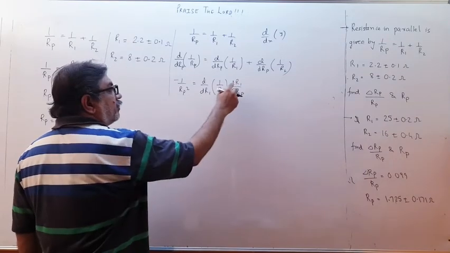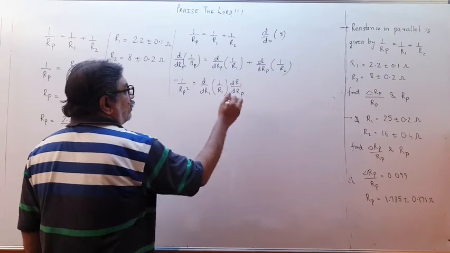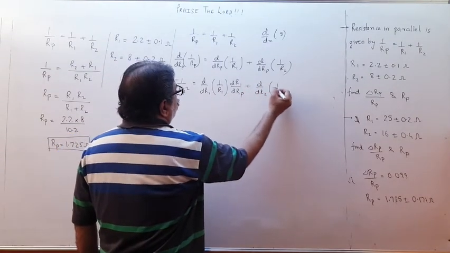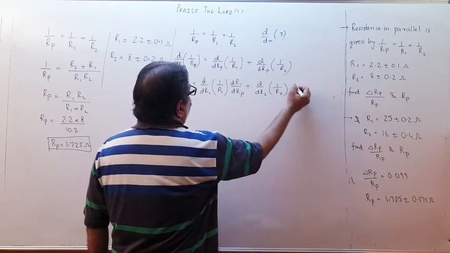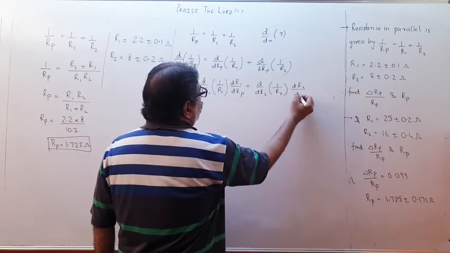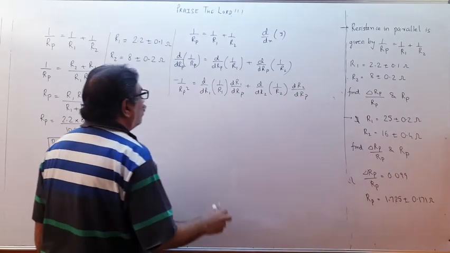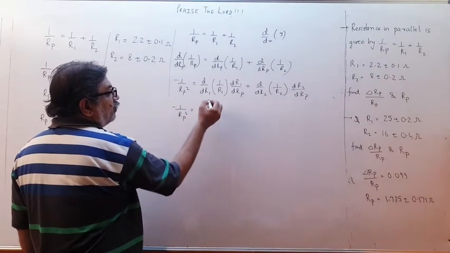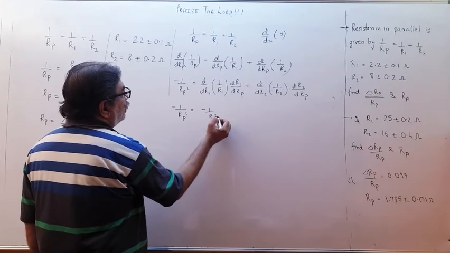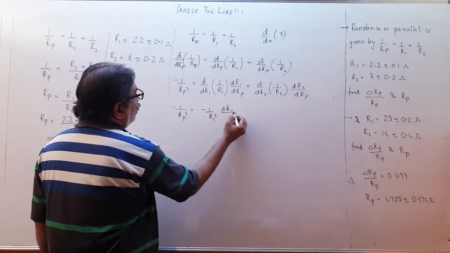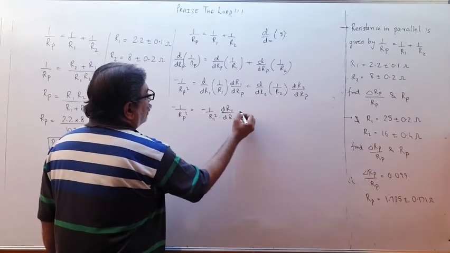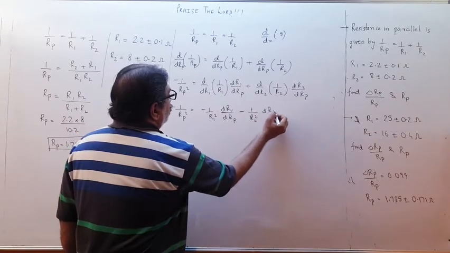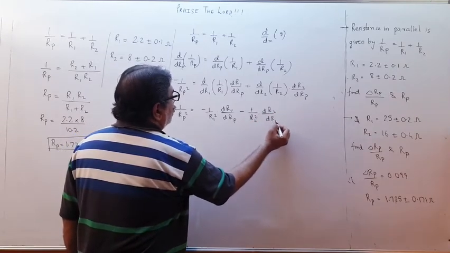See, dr1 multiplying dividing, drp shifted forward, plus d by dr2 1 upon r2 dr2 upon drp. So minus 1 upon rp square will become equal to minus 1 upon r1 square dr1 upon drp minus 1 upon r2 square dr2 upon drp.